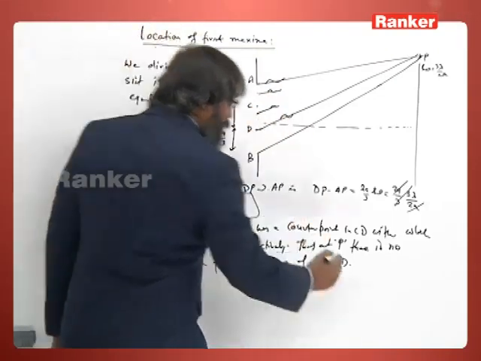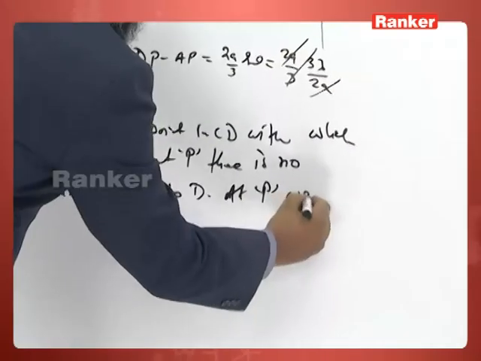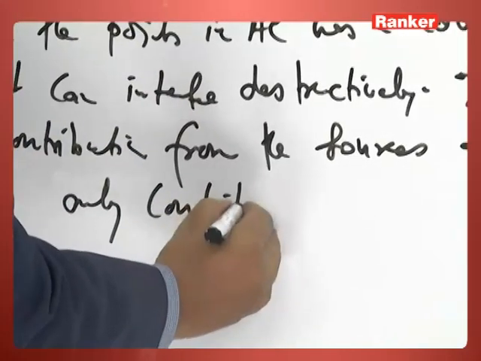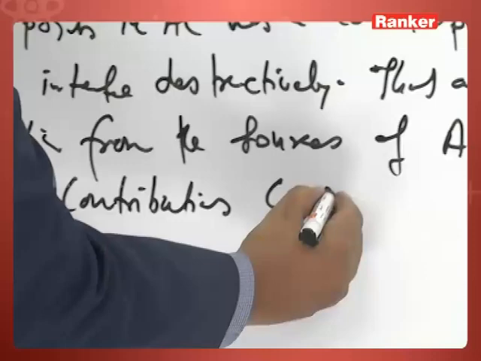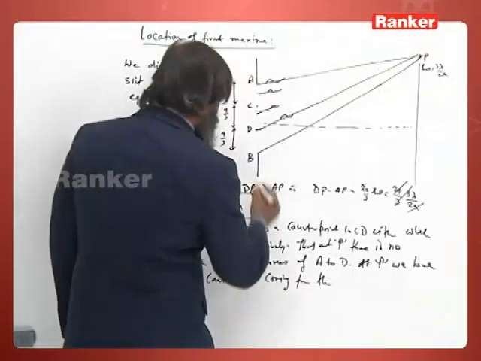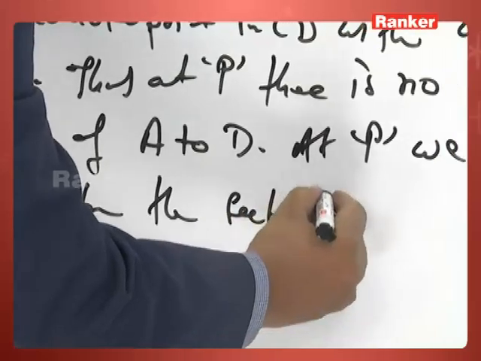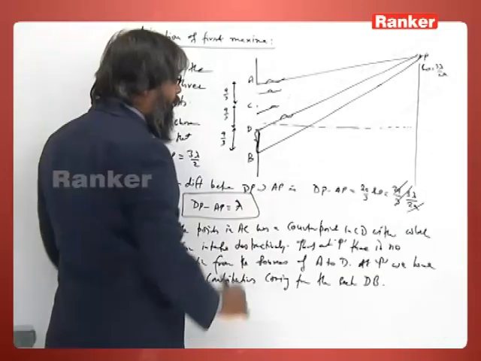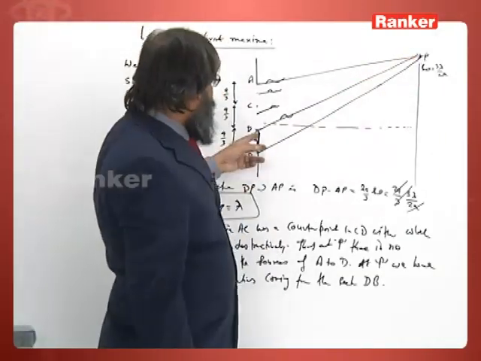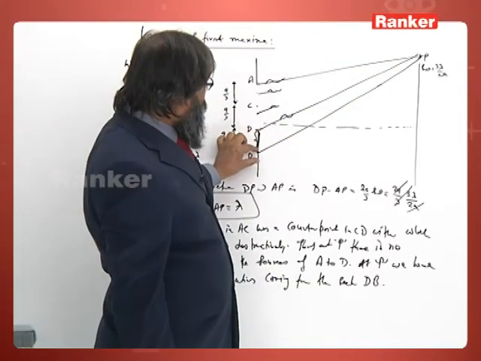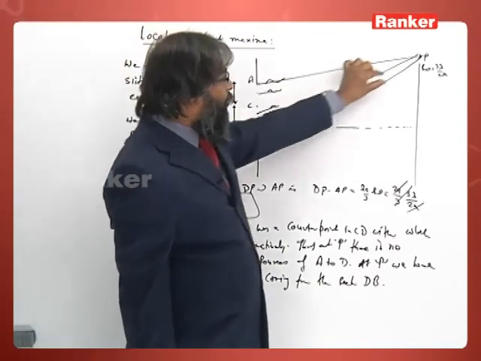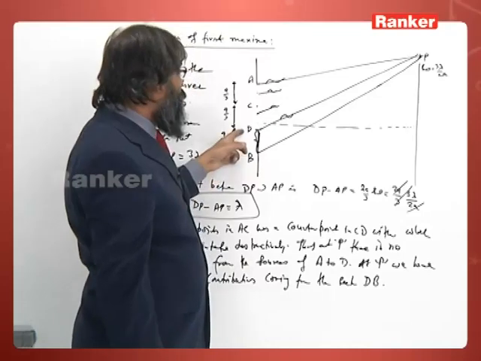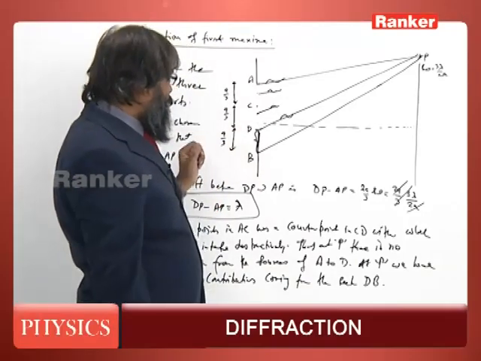What about DB? So at P, we have only contributions coming from the section DB. So only these sources are involved. These waves are not interfering in a destructive manner. They are incoherently reaching here. So whatever contribution at P you will get, that is the contribution due to the BD source. Now what happens?